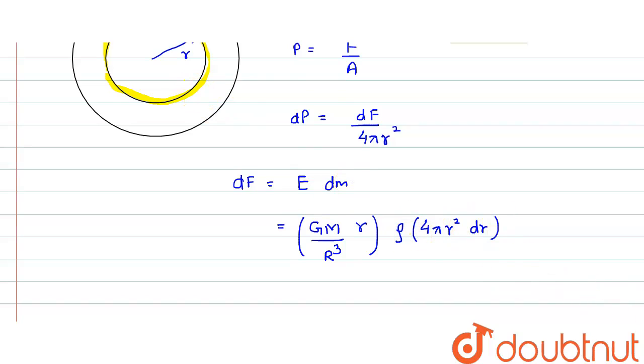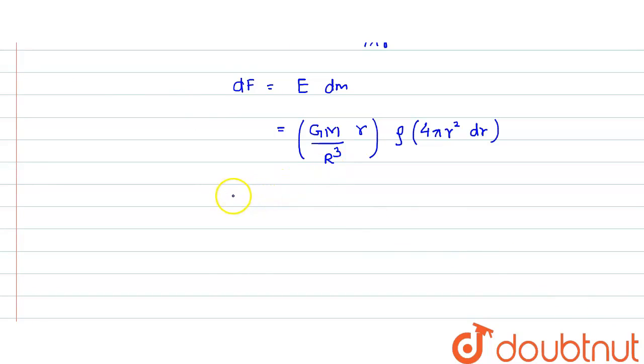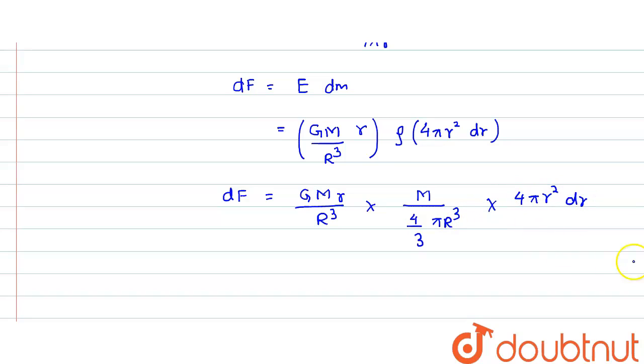The density is mass divided by total volume, which equals M divided by 4 by 3 pi R cube. So dm equals M over 4 by 3 pi R cube multiplied by 4 pi r square into dr.